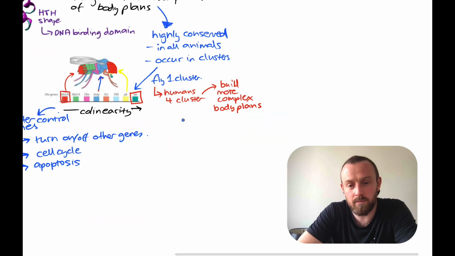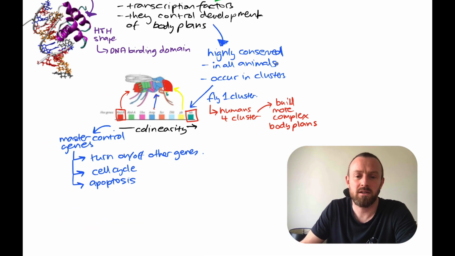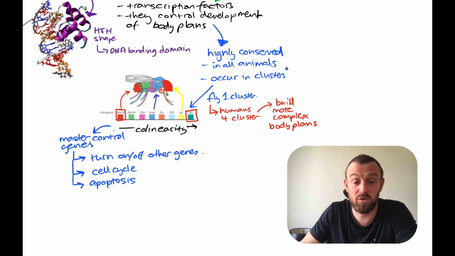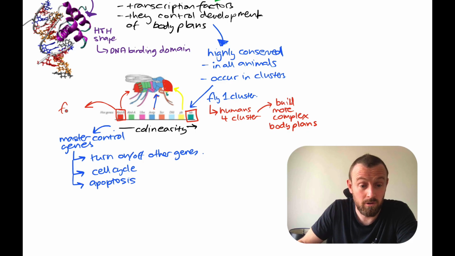One other thing before we move on, just to do with this conserved idea. Because they're so highly conserved, another amazing thing about them is if you take a fly Hox gene and edit it out of the genome and then put it in a frog, it often will work. So if you take this red gene here and put it in a frog, you get a frog with 2 butts.